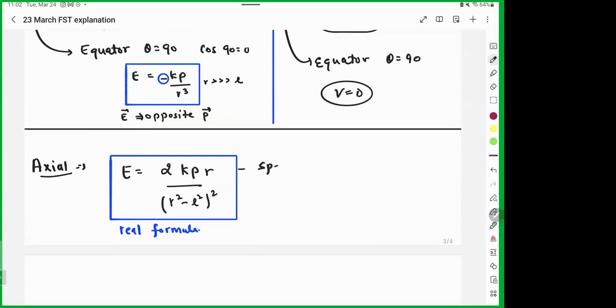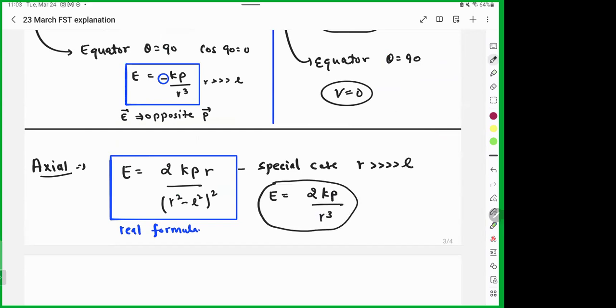Special case, when r is much greater than L, then you can ignore L and your electric field will become 2Kp by r cube. This is special case, but NEET once asks question from the proper formula.